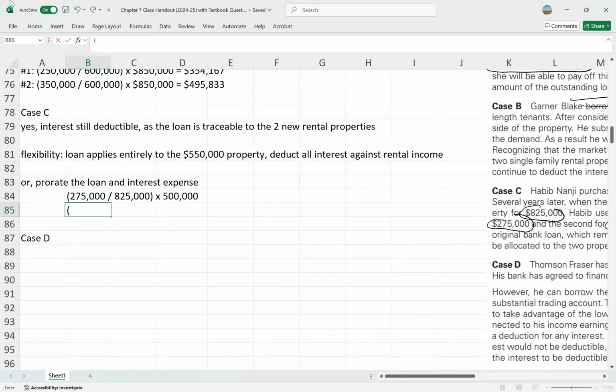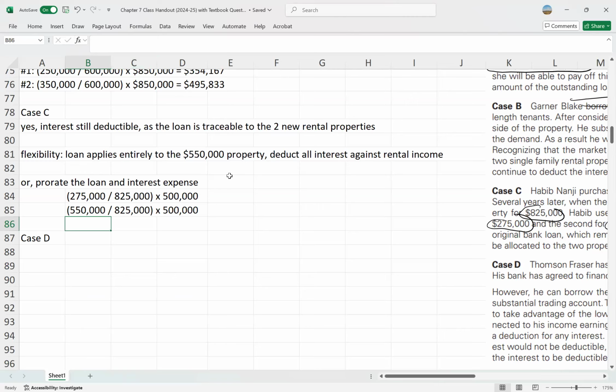And then for the second one, 550 divided by 825, and then use that portion of the $500,000 loan, the interest on that portion, to deduct against the second property. So there's some flexibility with this one because the value of the loan is lower than the overall value of the two new rental properties.